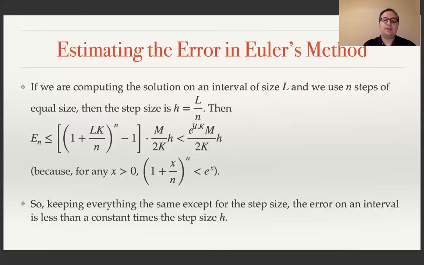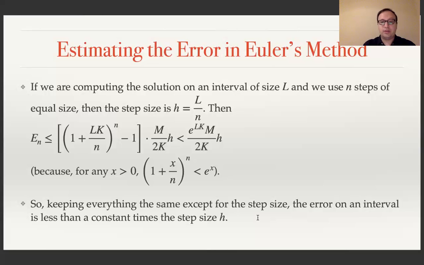So we notice that the error increases exponentially with the length of the interval L. And the error also increases as a linear function of the step size h. So if we use twice as many steps for the same interval, then we can reduce the error by half.